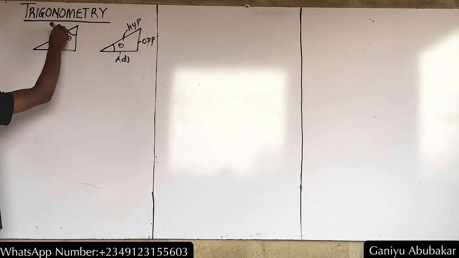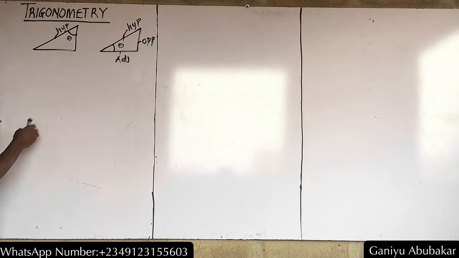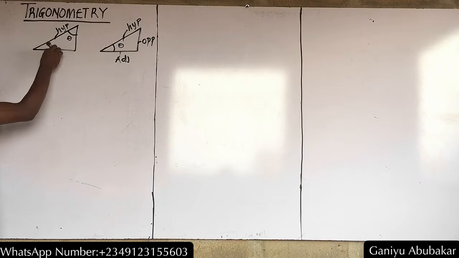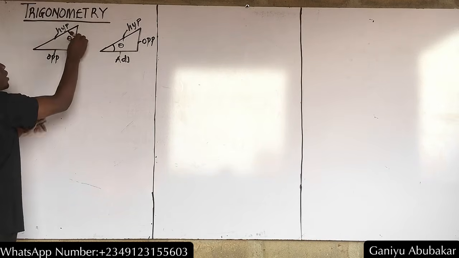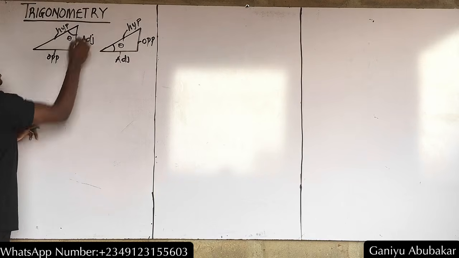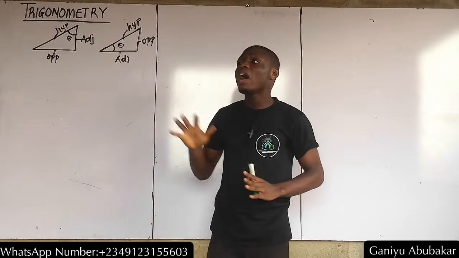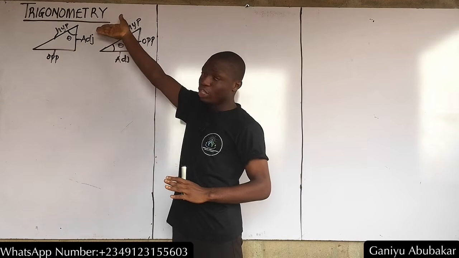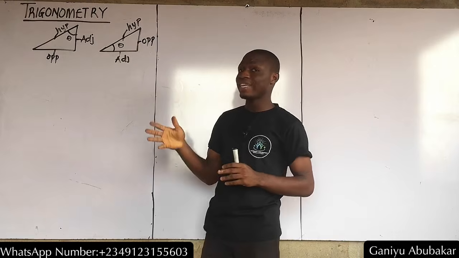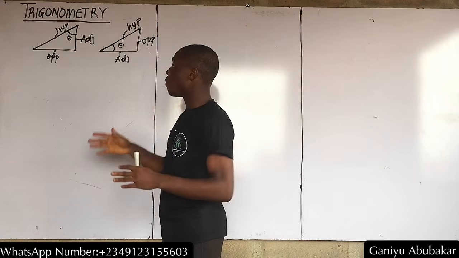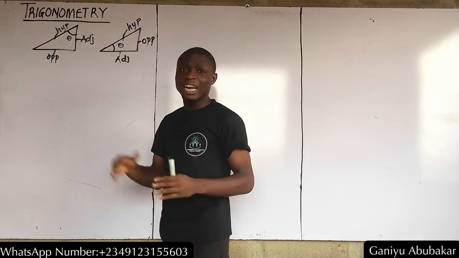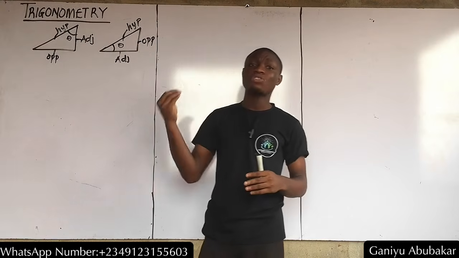The angle is facing down here, so this becomes the opposite. Automatically, the one left is called the adjacent. At this point, you understand the definition of trigonometry and how to insert the concept of hypotenuse, opposite, and adjacent into a right angle triangle.